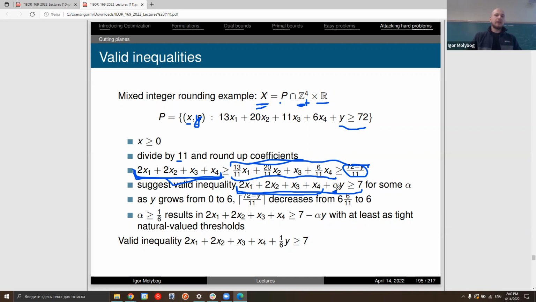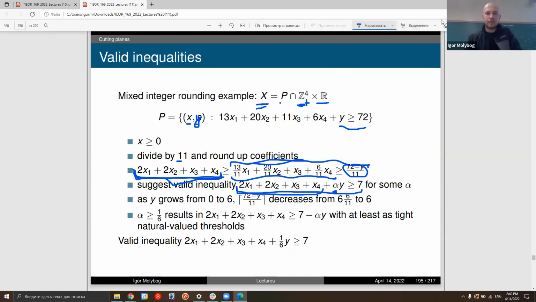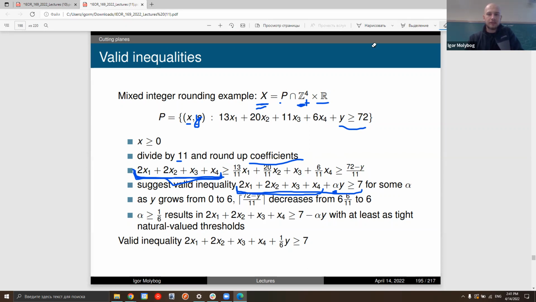Let us notice that in the original inequality over here, if we grow y from 0 to 6, then the right hand side over here decreases from 6 and 6/11 to just 6.